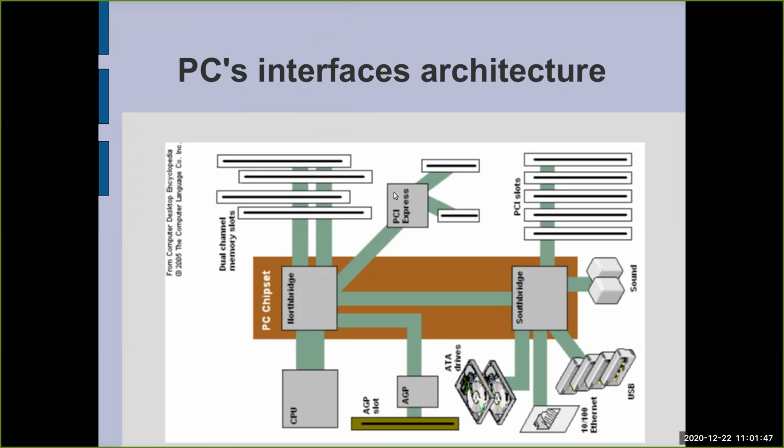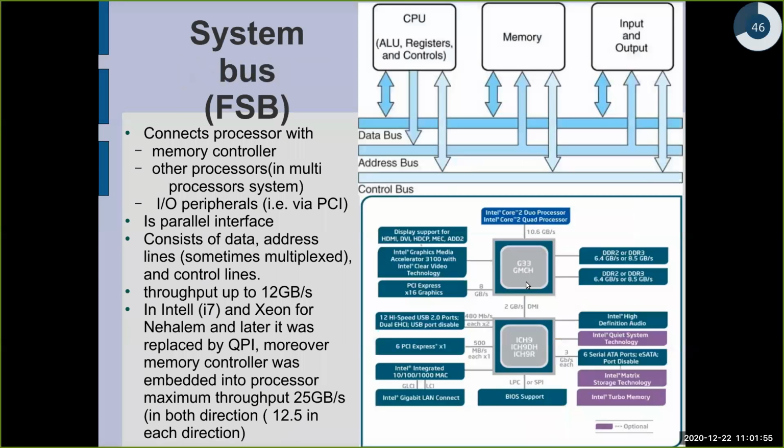It allowed transferring data to memory, to the graphic card, and to other devices. You can see that the memory was connected to the North bridge, and to the North bridge there were connected high-speed devices like display or graphic cards.